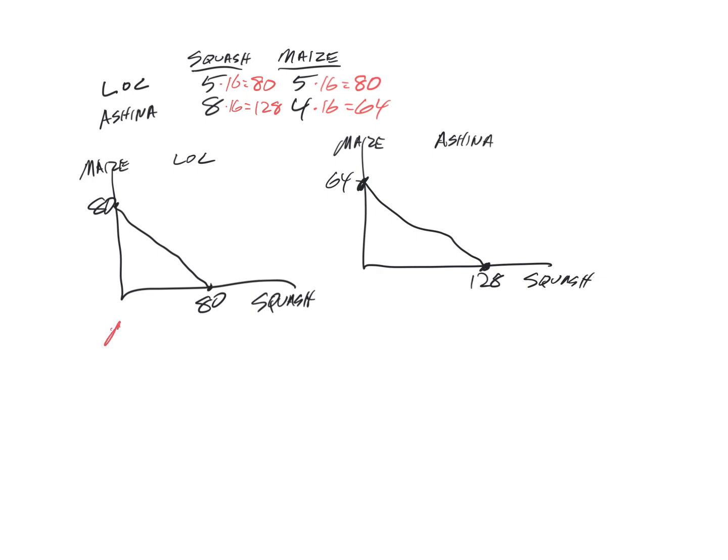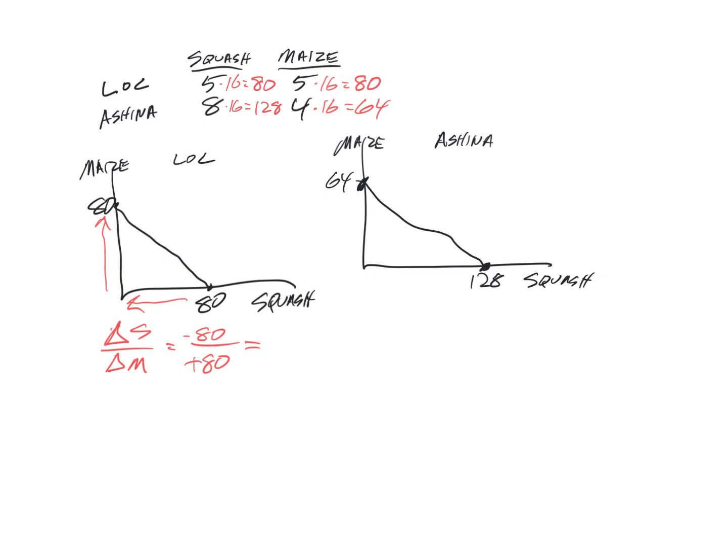Well, let's see. Let's set this up. Change in squash over change in maize. Okay, so if we're going to produce 80 units of maize, that's going to require Locke to give up 80 units of squash.